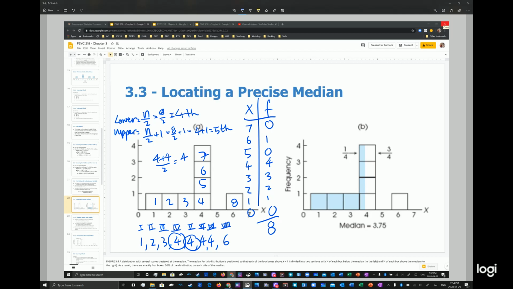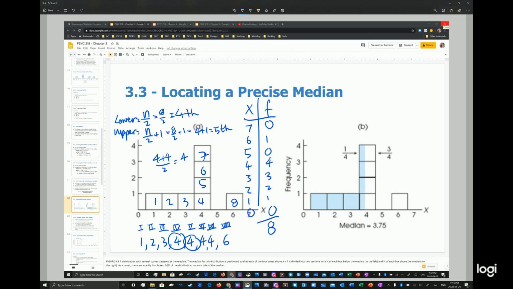However, because we are working with a continuous scale, what we've done so far will be fine for a discrete variable, but because the variable itself is continuous, and it's a ratio scale because it has an absolute 0, the precise median is not necessarily 4. And in this distribution, it isn't. There's a way to think about this logically.